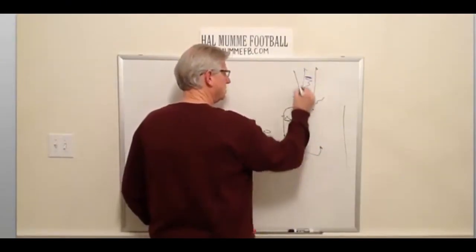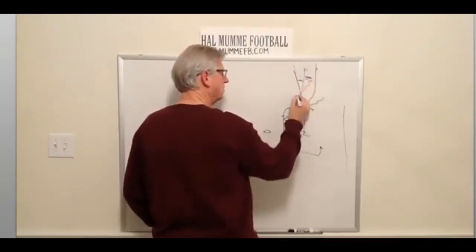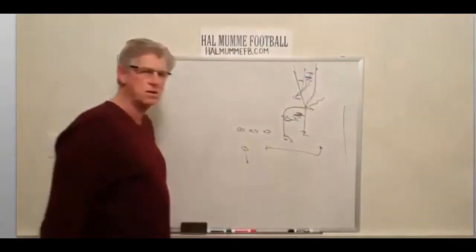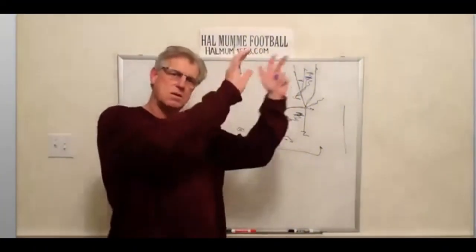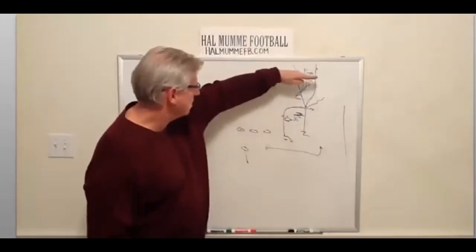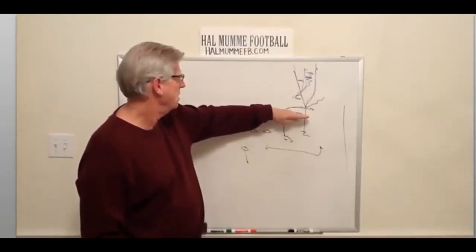If the corner plays outside, then he's going to take this cut right here. If the corner stays inside, then he's going to take that cut right there, but he's going to try and force that corner deep and take him deep. And so now you've created this space in here between, again, the same space we were talking about in the air raid.